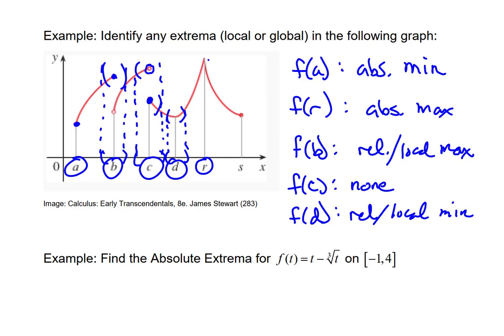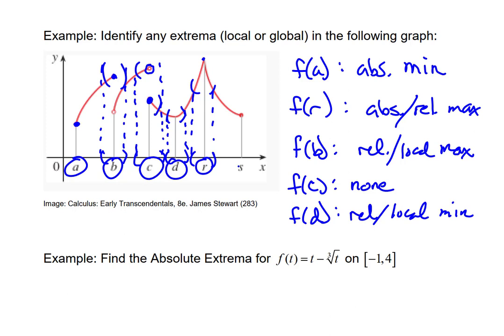Since f of r is the highest value in the entire domain, it's an absolute max, but if I were to draw an open interval surrounding r and follow that open interval upward, that still would fit the definition as the highest value within that open interval surrounding it, which means we can go back to f of r and say not only is it an absolute, it's also a relative or local max. It fits both definitions. F of r is both an absolute and a relative max, or you could say a global and a local max value.